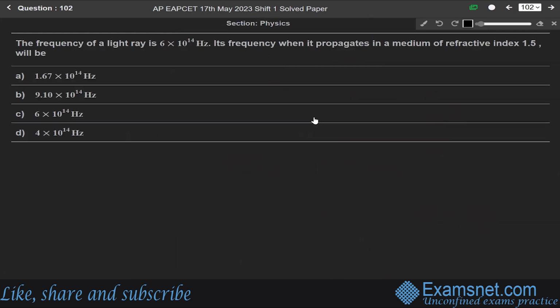The frequency of a light ray is 6 into 10 to the power 14 hertz. Its frequency when it propagates in a medium of refractive index 1.5 will be? This question is from the chapter of wave optics.